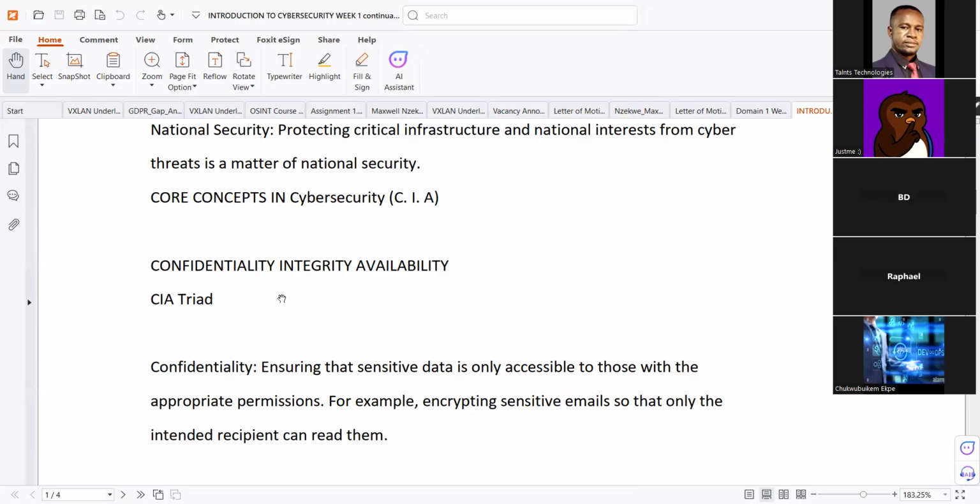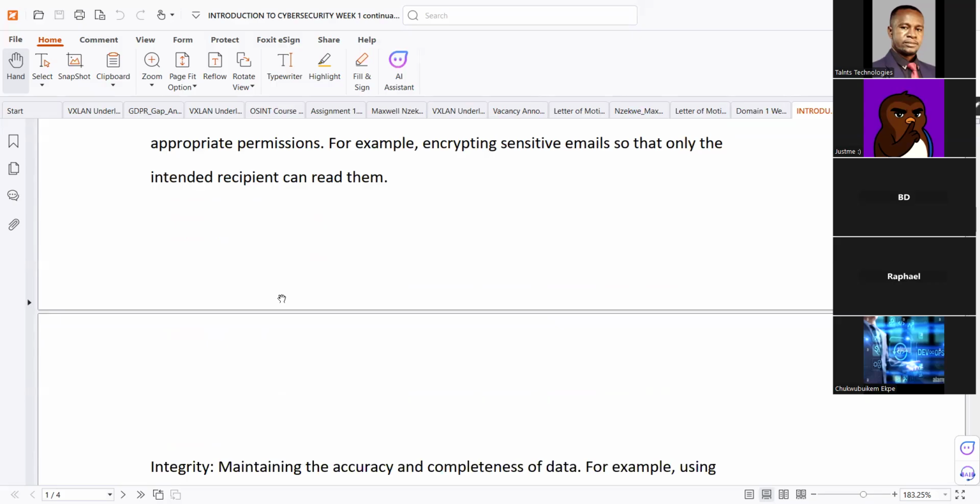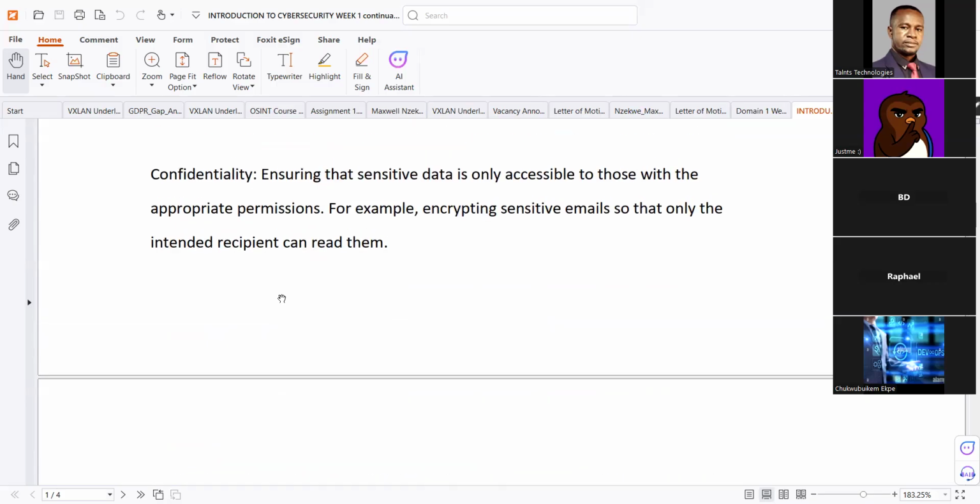For instance, if you want to log into your email, let it be only you or anybody you authorize that has the credentials to log in. The same way, if you want to withdraw with an ATM card, only you or any other person you've authorized will know your PIN.